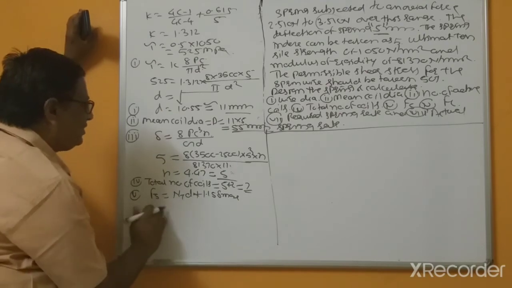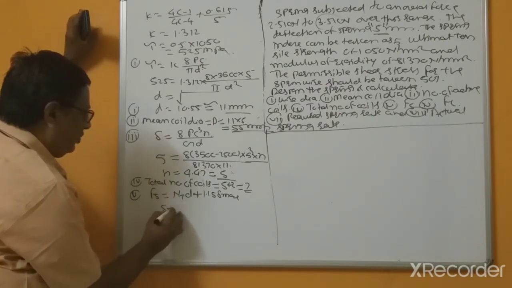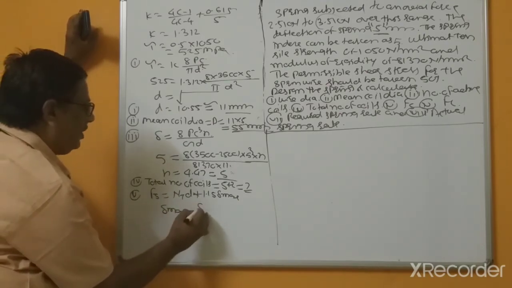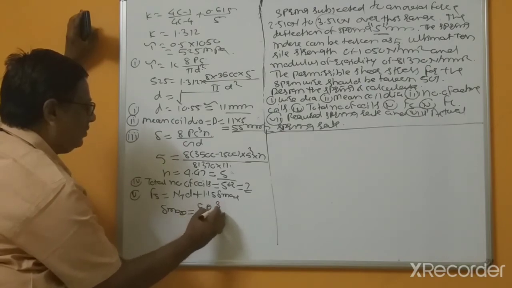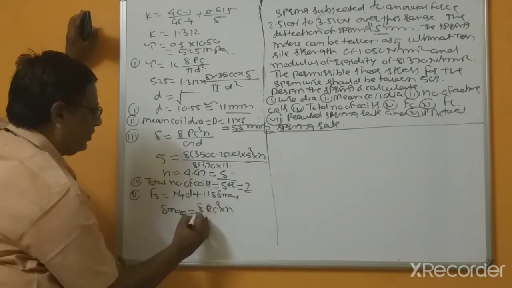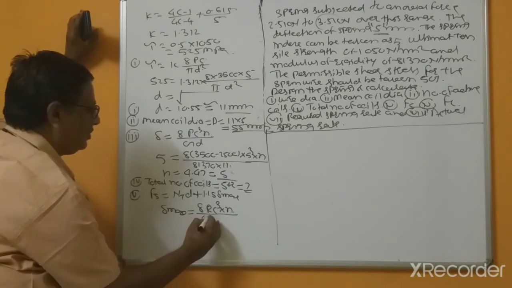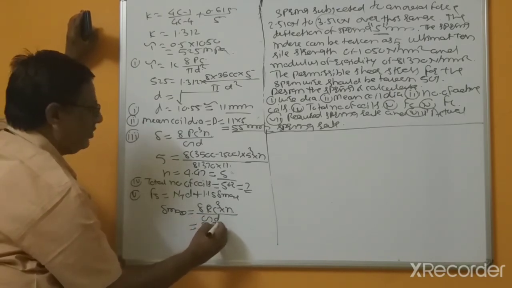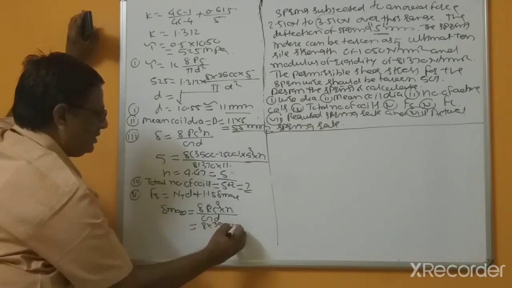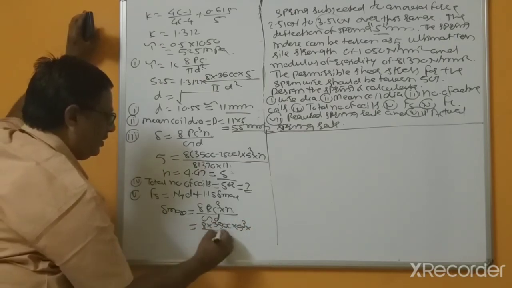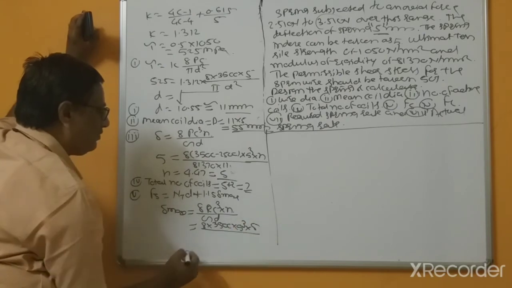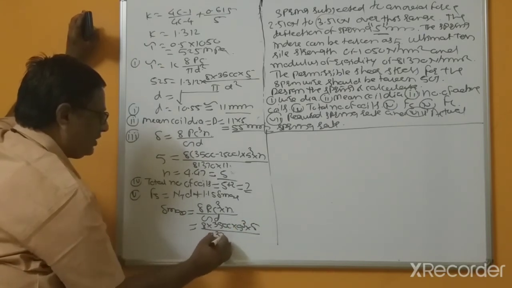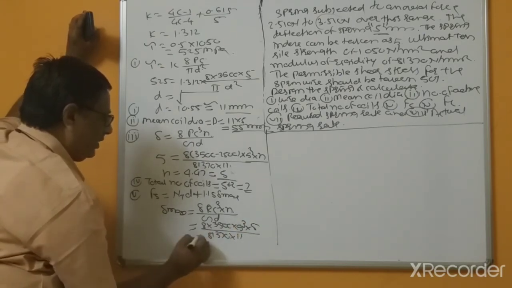So delta max is to be calculated: delta max equal to 8PC cube into n divided by GD. P equal to maximum load, and this is 5 cube into number of active coils 5, 81370 multiplied by 11.